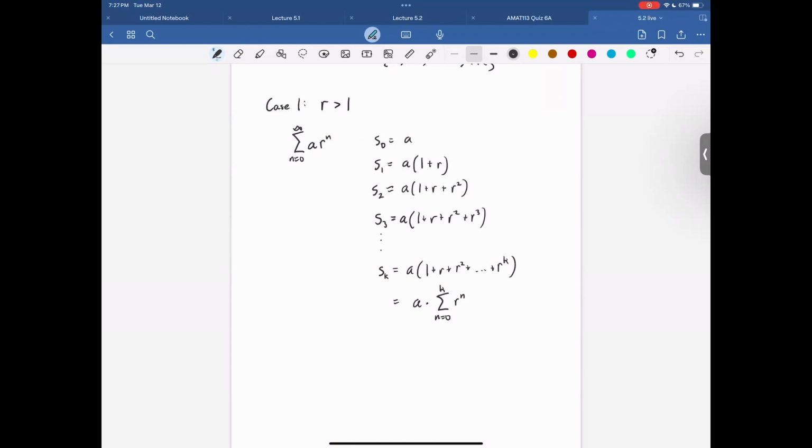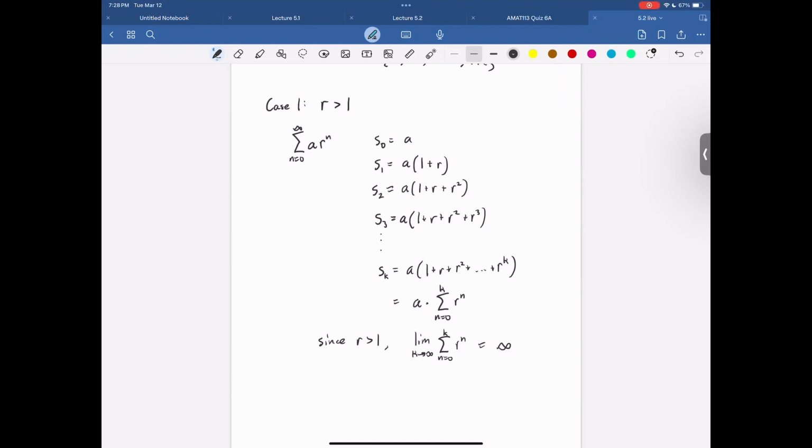Now we have to remember that in this case, r is greater than 1. So since r is greater than 1, the limit of this partial sum, let's let k go to infinity of r to the n, well, that's going to be 1 plus 1 infinite times, or something greater than 1, plus something even greater than 1, plus something even more greater than 1.